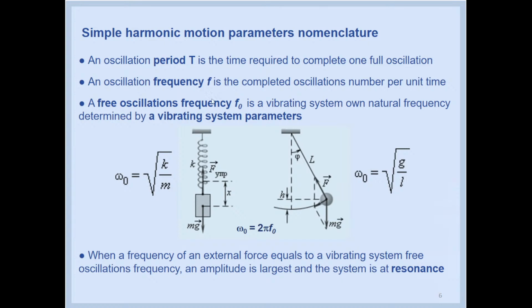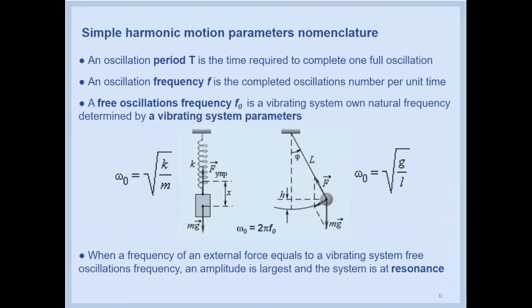So, and what else? These are parameters: period, it is just the nomenclature of the parameters of mechanical oscillations. The period is the time required to complete one full oscillation. Frequency is the number of completed oscillations per unit time.